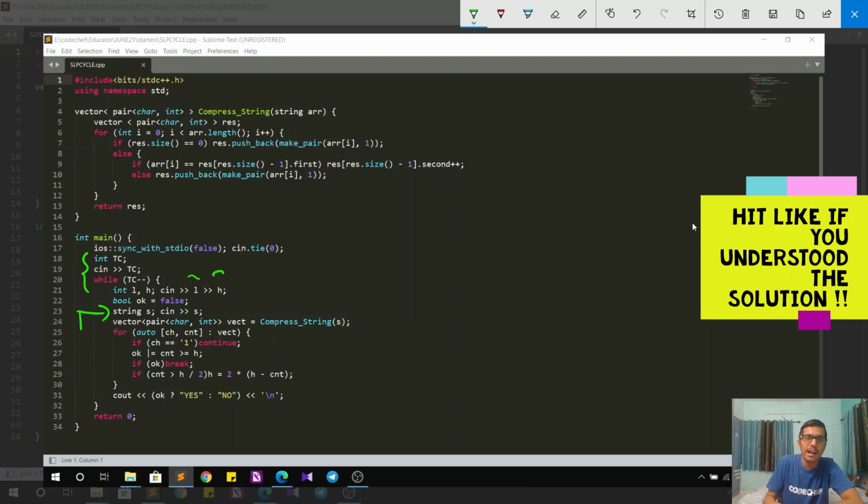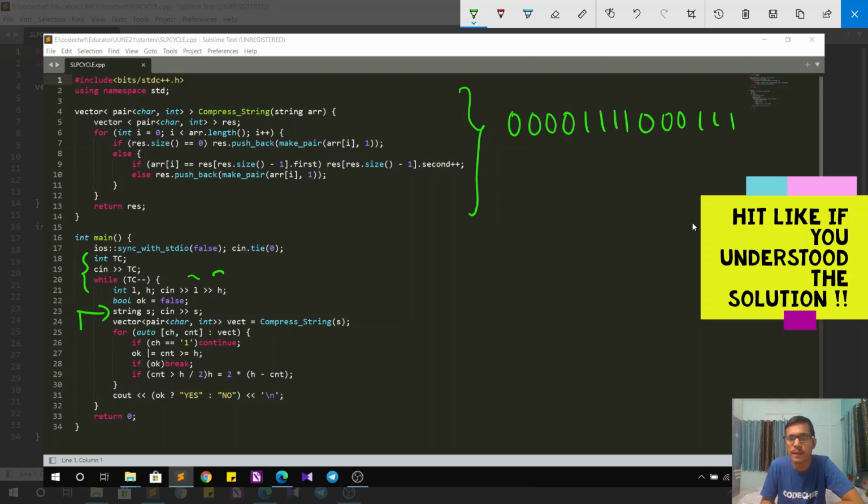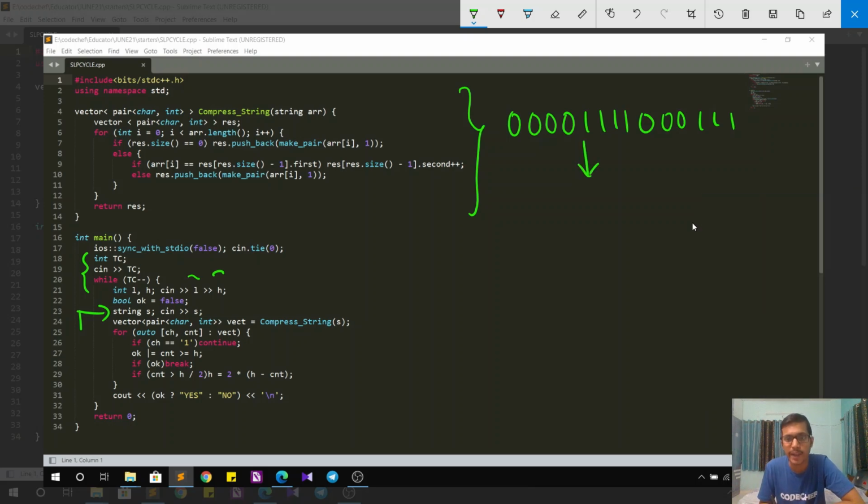So for that, I have my own function that is known as compress string, and what this does is basically, let's say if I have a string like following 0, 0, 0, some number of zeros followed by some number of ones, then again zeros, again ones, and so on. So it will convert this given string to vector of pair. And what will the vector of pair be like?